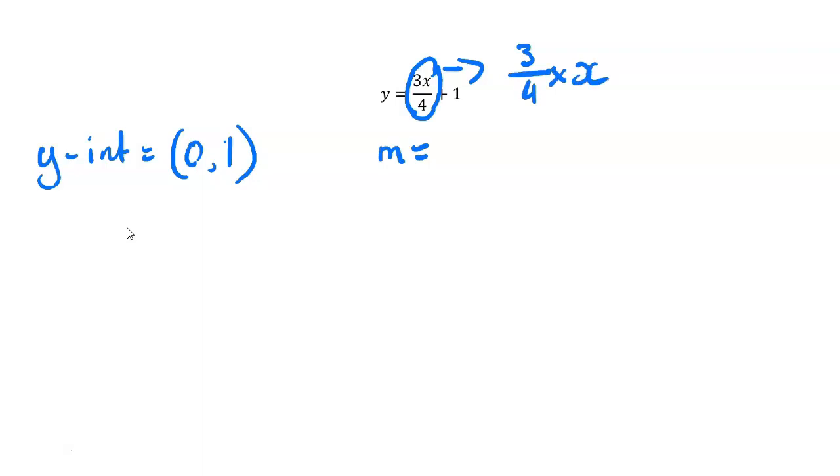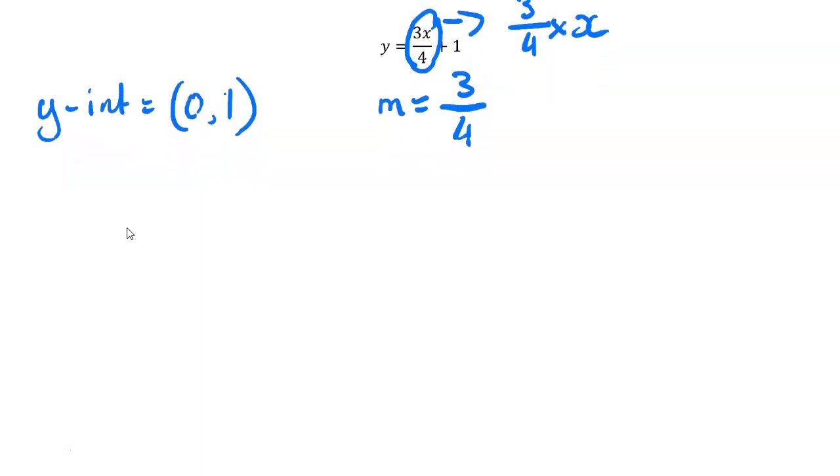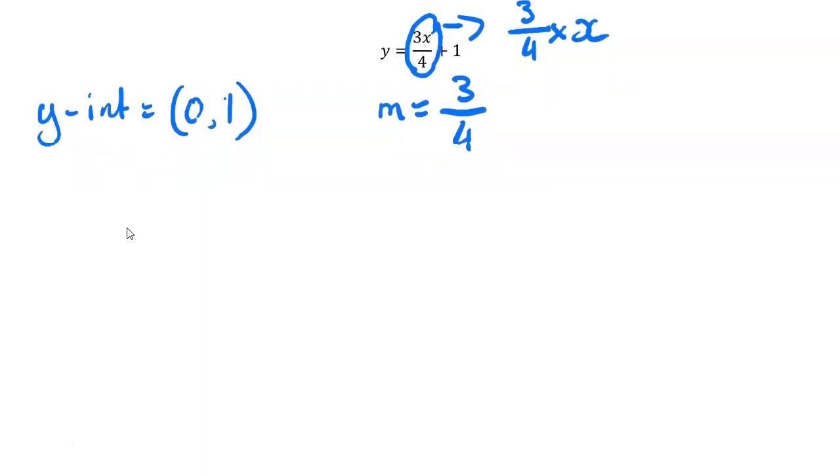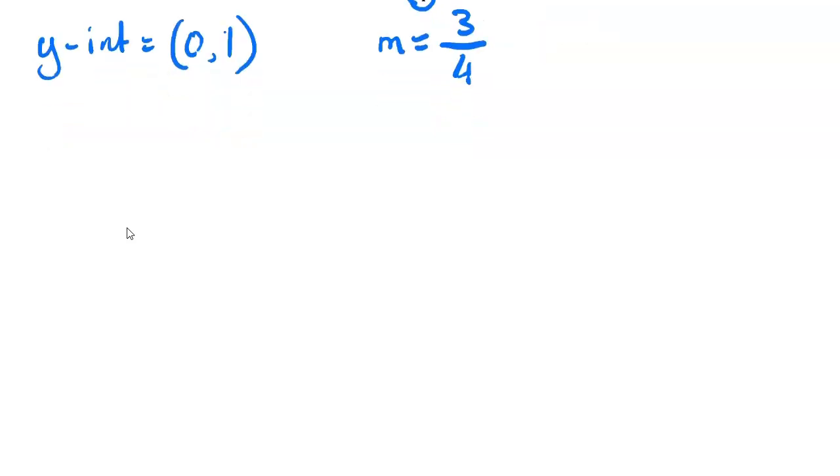Okay, it's just been simplified and put all together. So my gradient there, my slope is 3 over 4. So rise of 3 for a run of 4. Let's sketch this.